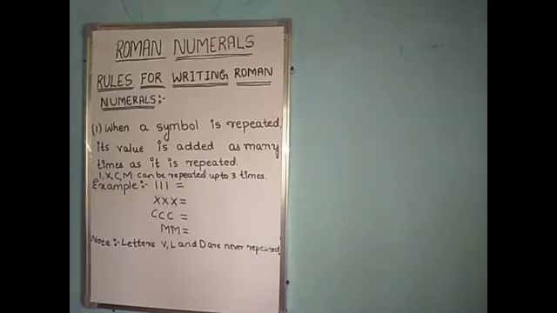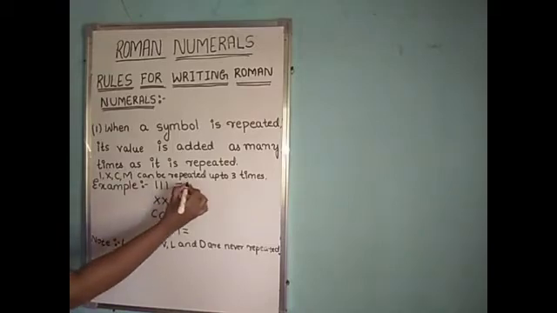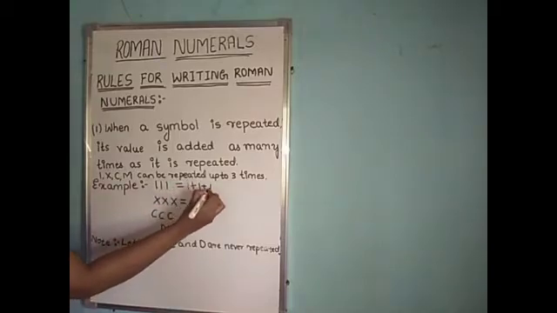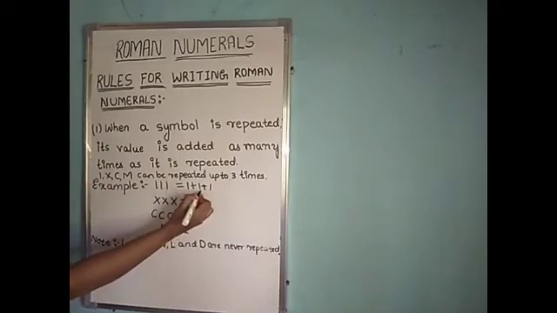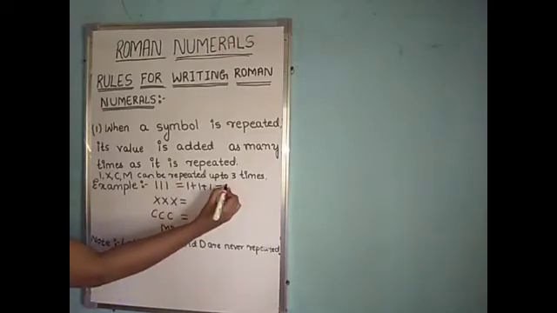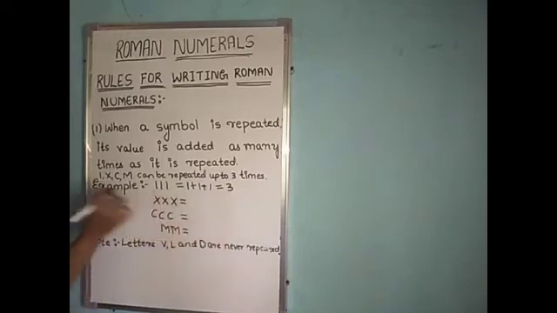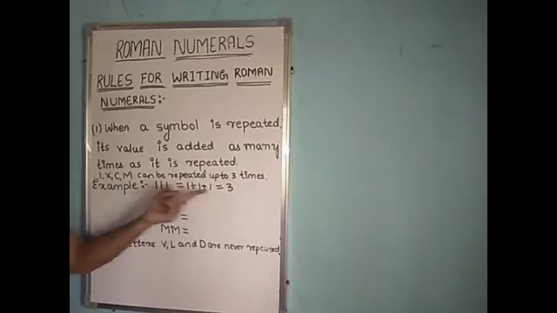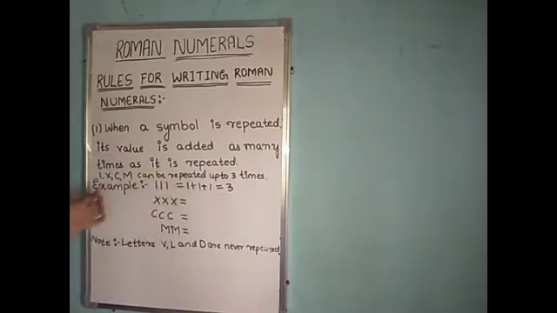The numeric value of I is 1. So, we have to add 1 three times. 1 plus 1 is 2. 2 plus 1 is 3. So, III is equal to 3.